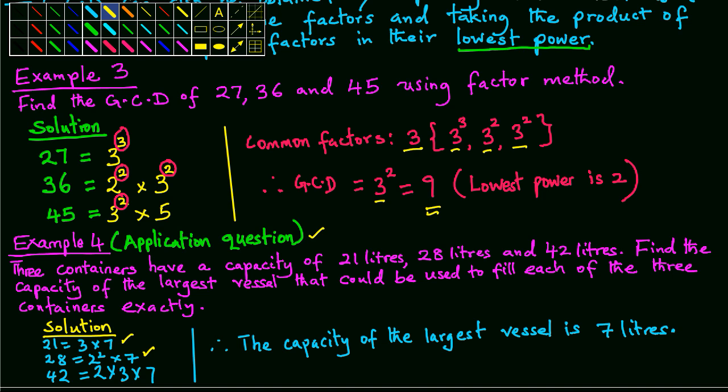And 42 as a product of its prime factors will be 2 times 3 times 7. So in this case, the common factor is 7. And in this case, the power is 1. Therefore, the capacity of the largest vessel will be 7 liters.